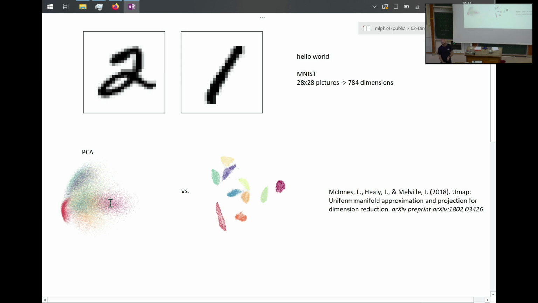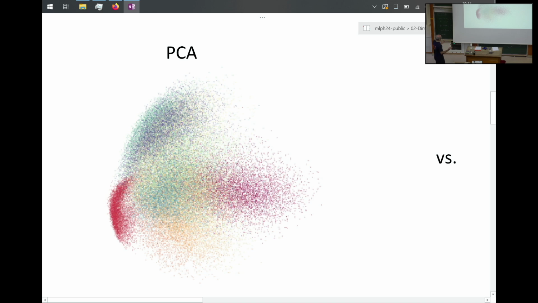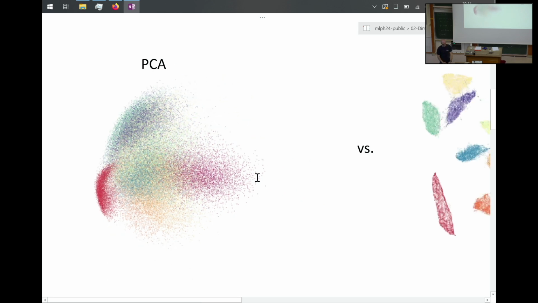Here, the 784 dimensions were used to embed the points in 2 dimensions, and the label was used after the fact. It was not used in the PCA computation, but it was used to color according to the classes. I didn't plot the legend, but maybe yellow is 1 and red is 2 and whatever. Okay, so this is what PCA gives you.